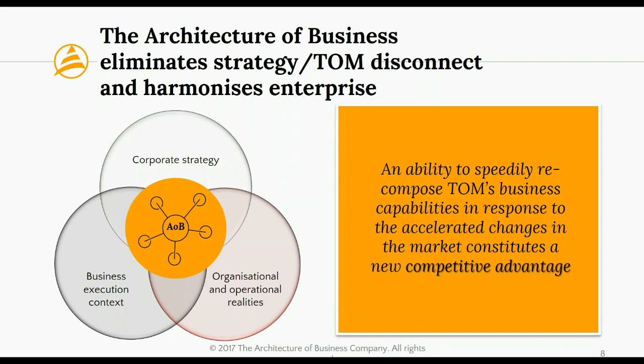The AOB is based on the intrinsic architecture of the business system that is constructed when the organization is defined the first time and then evolves with each new corporate strategy. It can explain why a business organization is what it is, and why its management is easier in one case than in another. The AOB harmonizes the enterprise because it works for managing the business changes in the company in the most effective way.